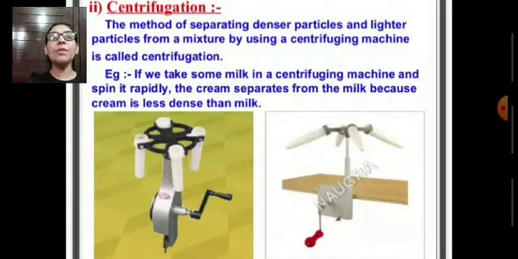So the method of separating denser particles and lighter particles from a mixture, किसी भी मिक्सचर से अगर हम डेंसर पार्टिकल और लाइटर पार्टिकल को सेपरेट कर रहे हैं बाय यूजिंग द सेंट्रीफ्यूगेशन मशीन, this is called centrifugation.